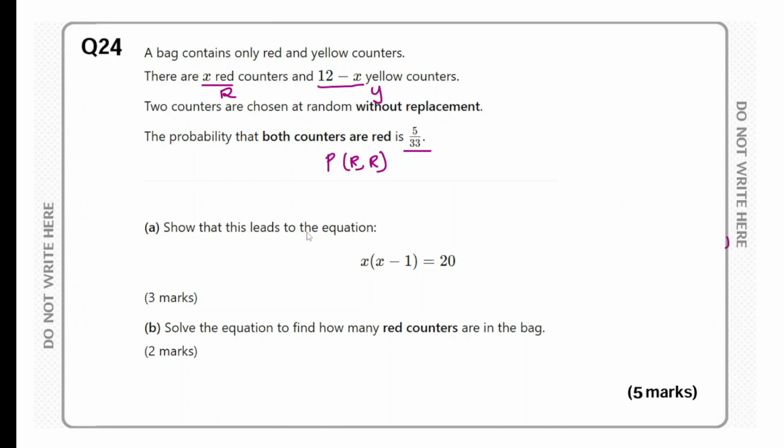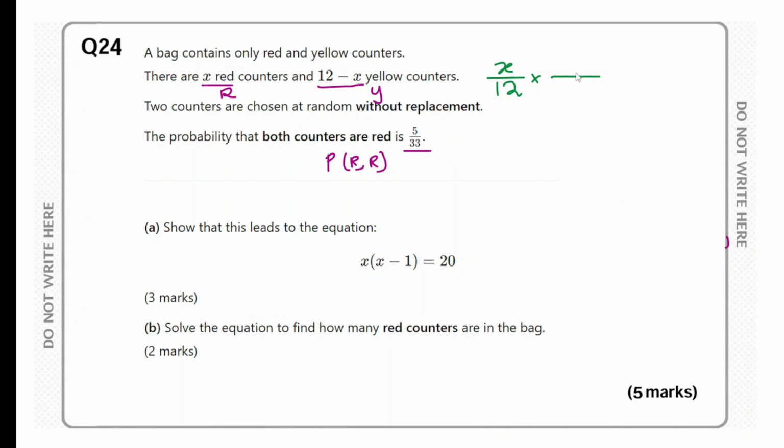Show that this leads to the following equation. Now, the first counter being red is x over 12 because the total number is 12. There are x reds. For the second one, if the first one was a red, the number of red ones available in the bag will be 1 less than before.